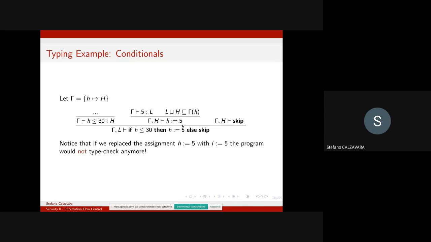And this assignment is something we can do because we can give, for instance, the public type to 5, and by making the join between the label of 5 and the PC label, which is high, we get high, and this is fine just because we are assigning inside a high variable. So if you apply the typing rule, this is fine.